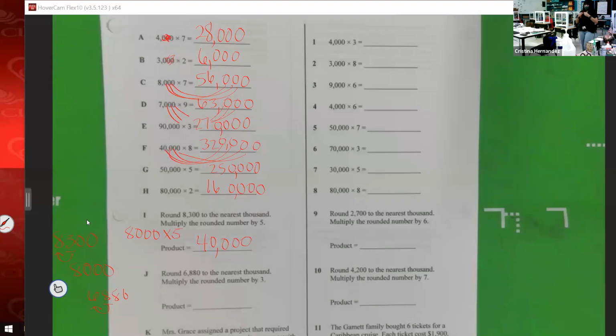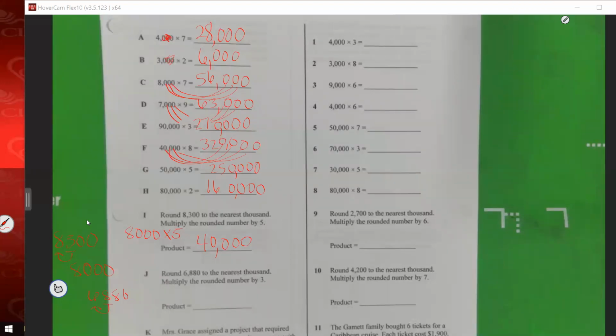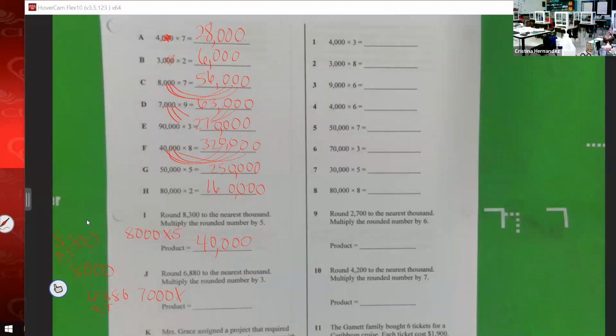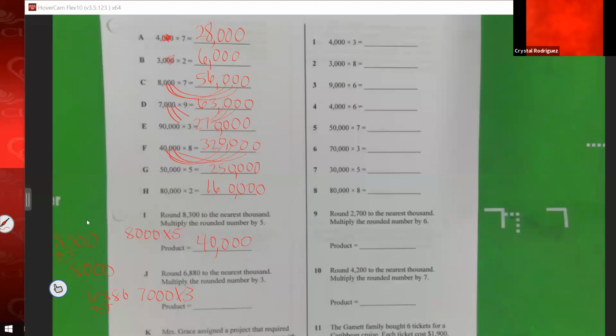So the 6 becomes a what? 7, and everything behind becomes 0. 7,000 times 3. How many trailing zeros? 3, and then 7 times 3 is what? 21.